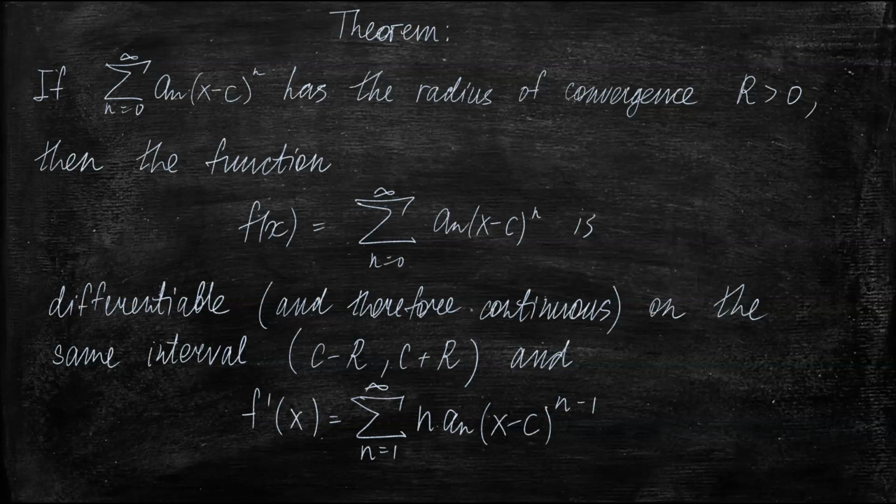So this series is obtained from the one on top by simply differentiating each term of the series with respect to x. And always this derivative can be rewritten, or rather reindexed, in the following way.